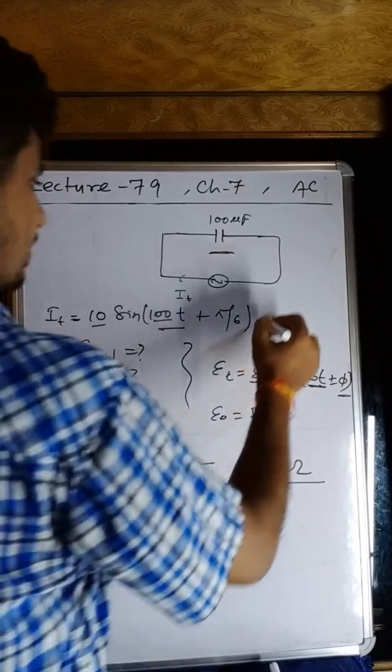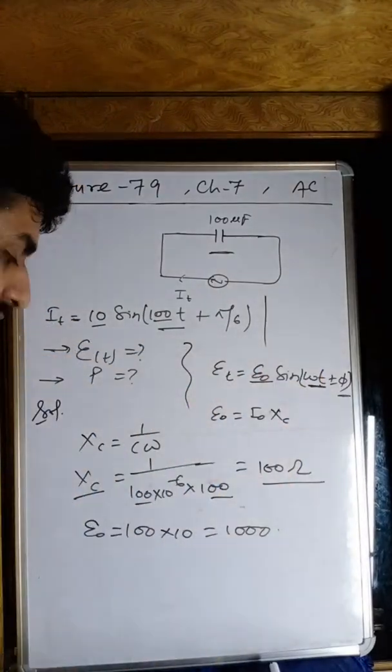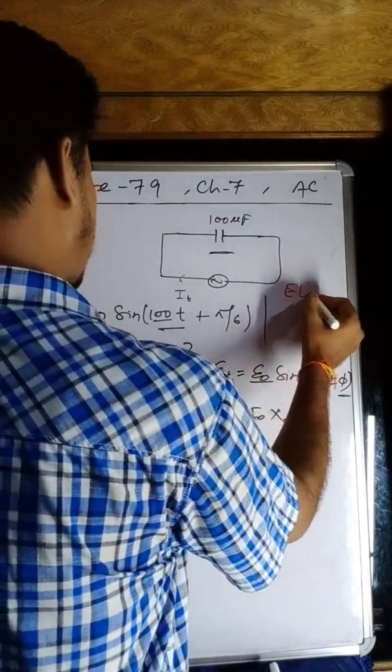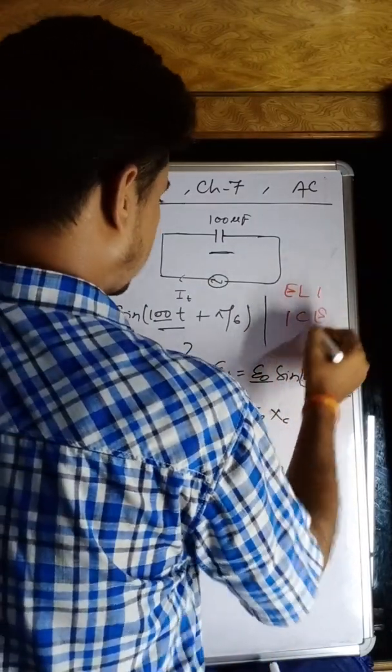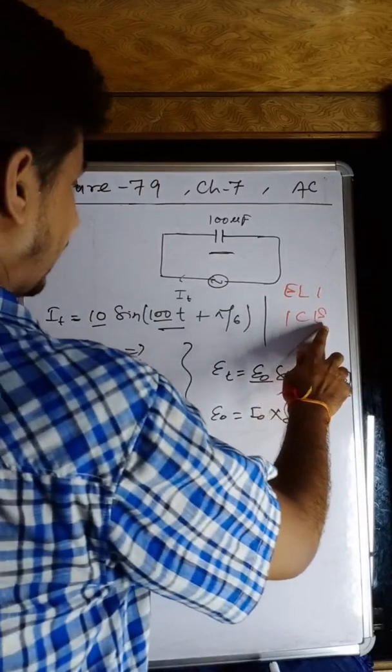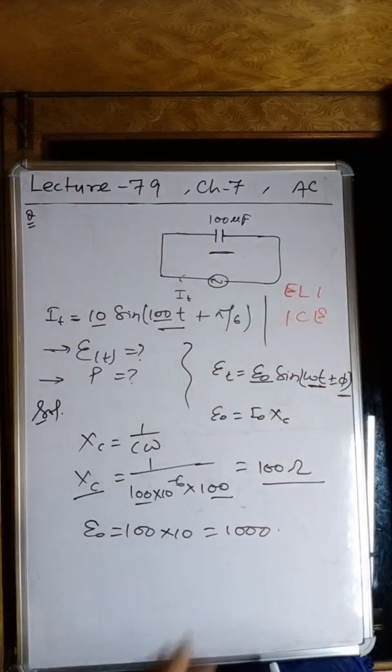If you forget which quantity leads or lags, then remember ELI the ICE man. So you can see, my dear students, here the voltage is lagging in a capacitive circuit and the current is leading.